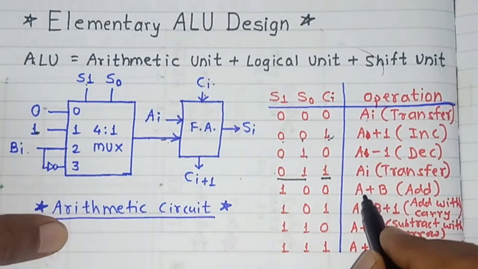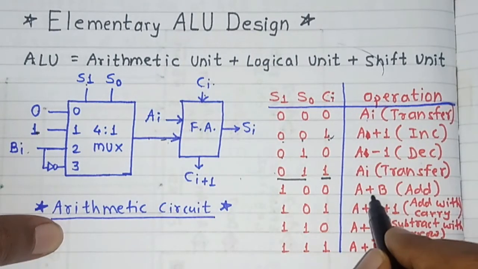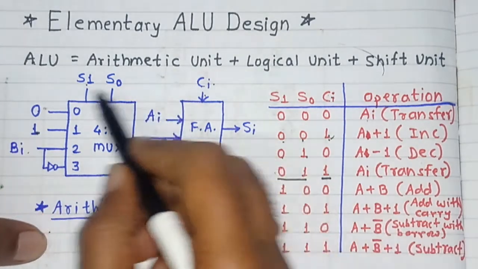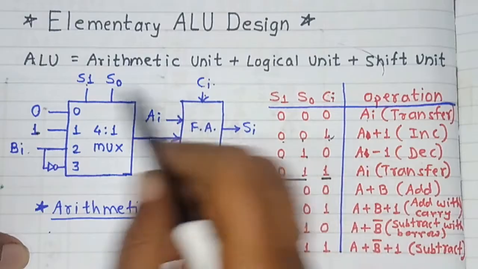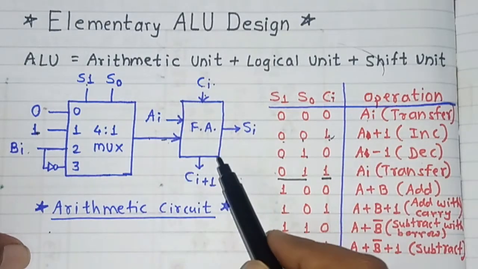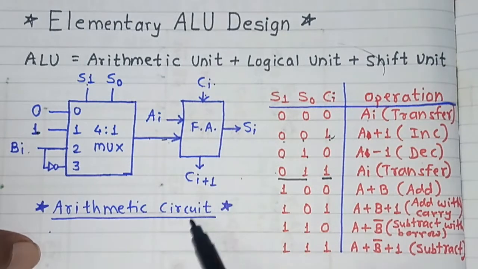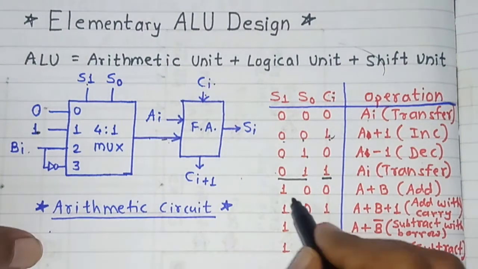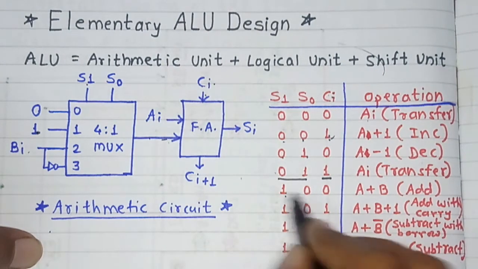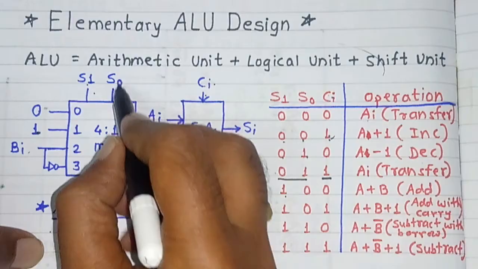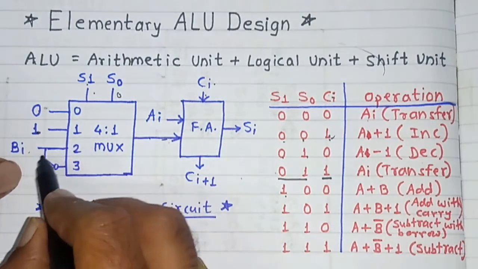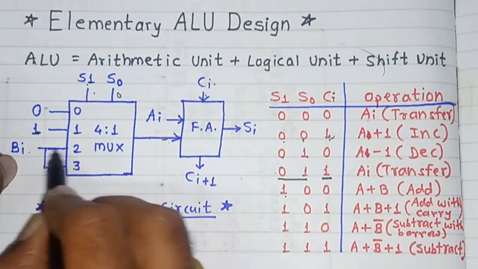If you want to add two 8-bit or 4-bit values, then you have to repeat this circuit that many times. This circuit is for performing only a 1-bit arithmetic operation. So 10 means S1 equal to 1 and S0 equal to 0. That means you are transferring the BI bit.